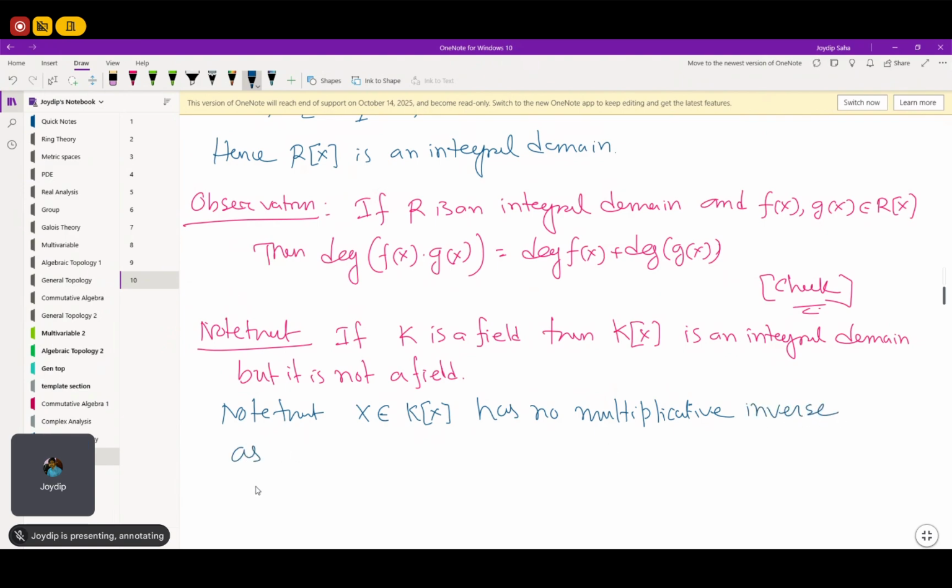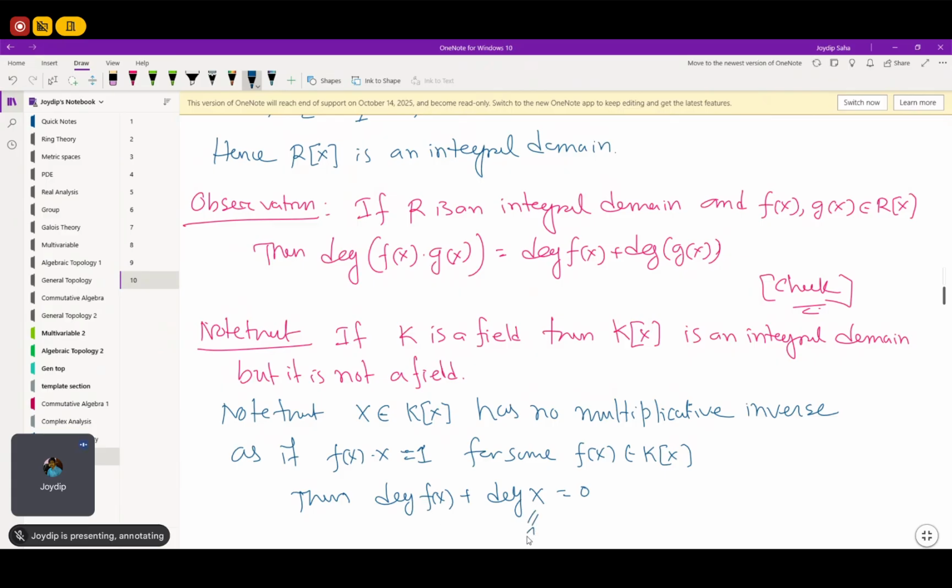If f(x) times x equals 1 for some f(x) in K[x], then by the previous observation, the degree of f(x) plus the degree of x equals 0, because the degree of 1 is 0.